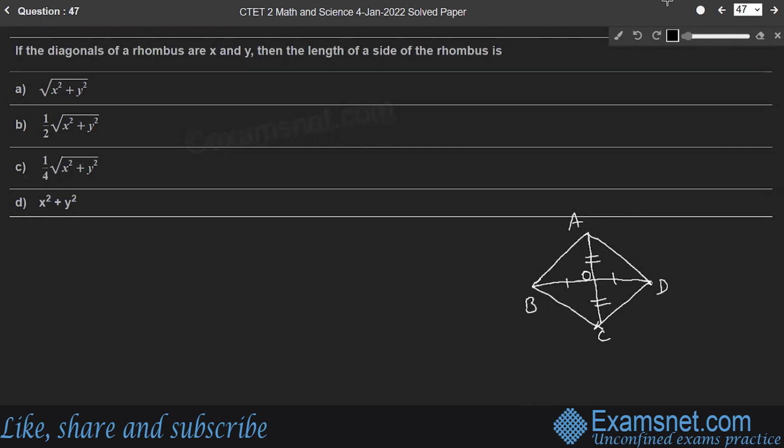So ABCD is a rhombus. AC and BD are diagonals.